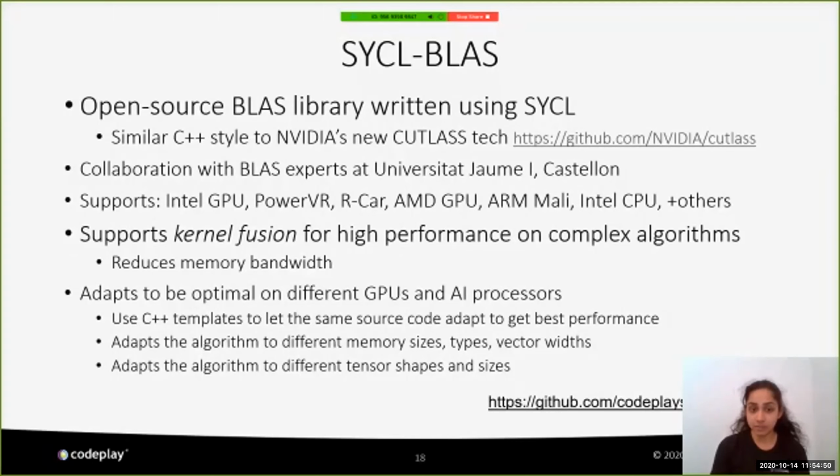SYCL-BLAS also adapts to be optimal on different GPUs and AI processors by using C++ templates, which lets us use the same source code and get better performance depending on which system we are using. It also adapts the algorithm based on the memory sizes as well as the vector widths available from a given problem. It also adapts its algorithm based on the size and the shape of the input.